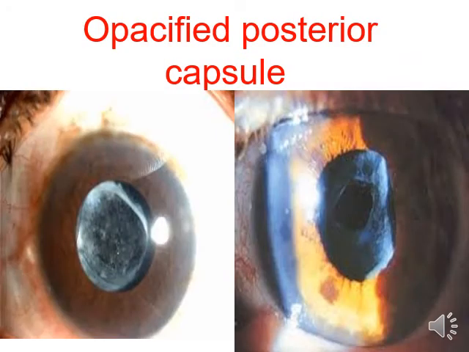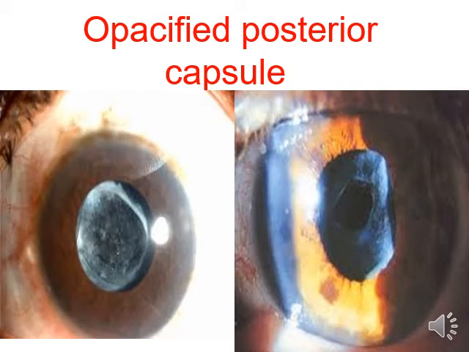Cataract is treated by cataract extraction, mostly by phaco or extracapsular cataract extraction. The posterior capsule of the lens is left behind to support the inserted IOL.